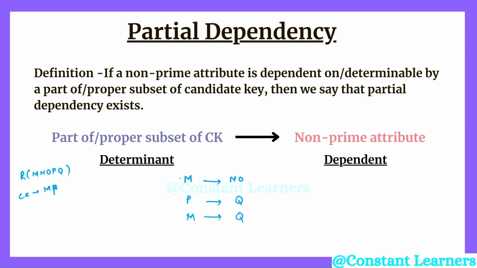In all of this, we have a subset of the candidate key, either M or P. And on the right hand side, we have all the non-prime attributes, that is N, O or Q, right? So this explains that partial dependency exists. So when a proper subset of the candidate key is determining a non-prime attribute, then we say that partial dependency exists.